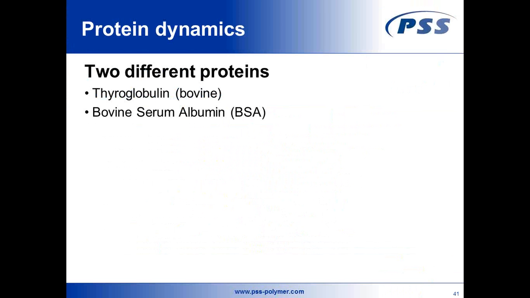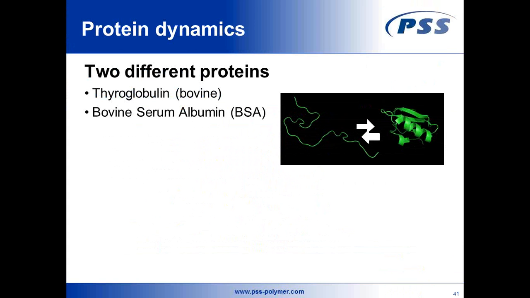At the very end of my talk, I would like to show you how powerful SEC-MALS coupling can be used in order to measure protein dynamics. The question was, taking two proteins, thyroglobulin and bovine serum albumin, and putting them under stress. If you put the protein under stress, it should denature, it should shift from your globular structure to your denatured structure.